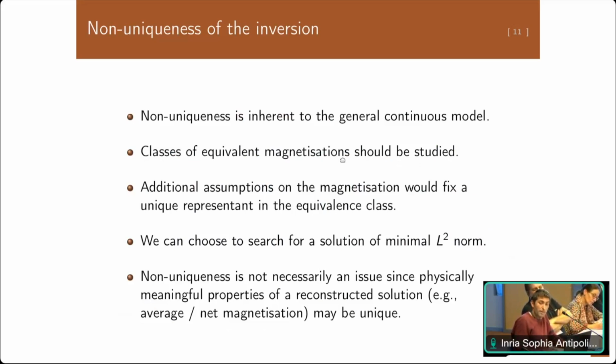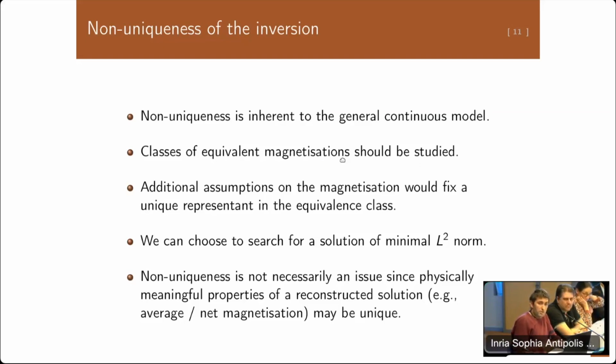But non-uniqueness in general is not necessarily a big issue, because in practice, physicists are interested not so much in the particular distribution of the magnetization point by point, but in its general characteristics. For example, they want to know what is the overall magnetization of a sample: how strongly it is magnetized, and in which direction.